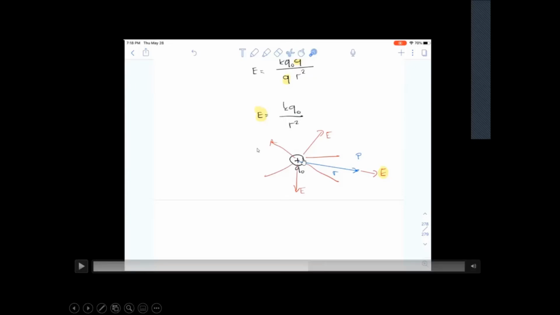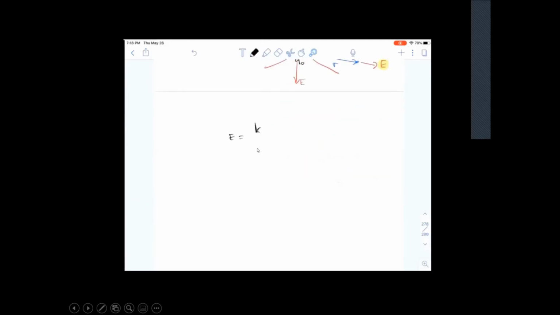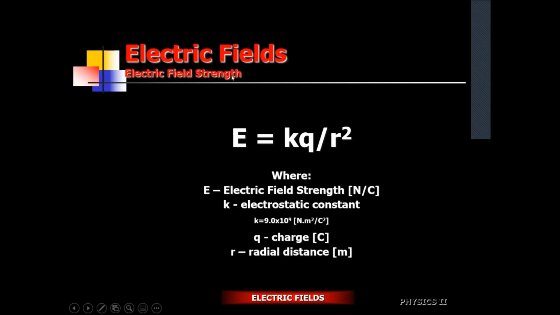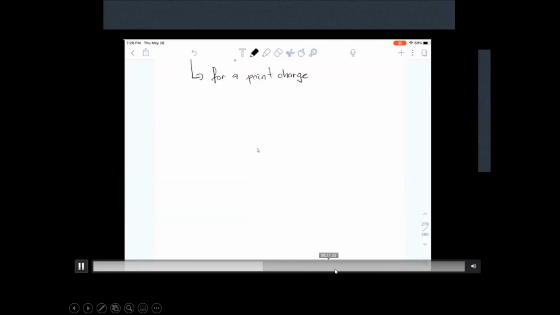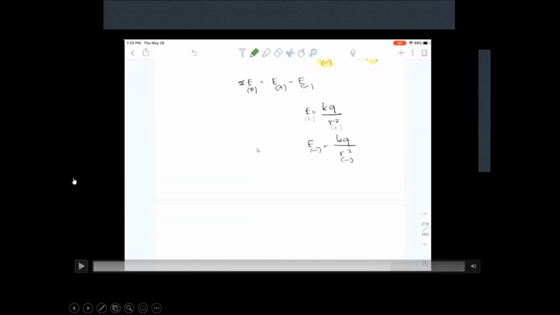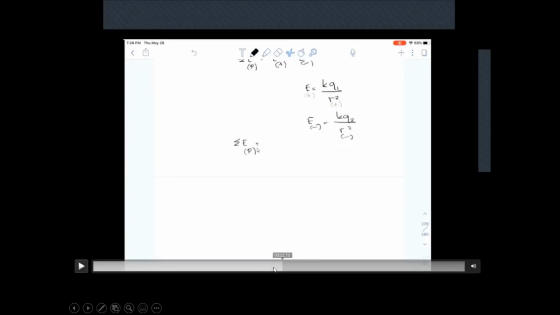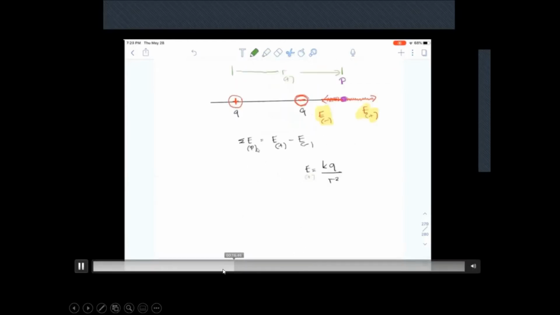So every time we do a derivation, every time there is a formula, just take note that you cannot use these formulas blindly. These formulas are used depending upon what the geometry is. All right, so this is the strength of the electric field. This is the electric field formula for a point charge. There will be a bunch of multiple choice questions like that.